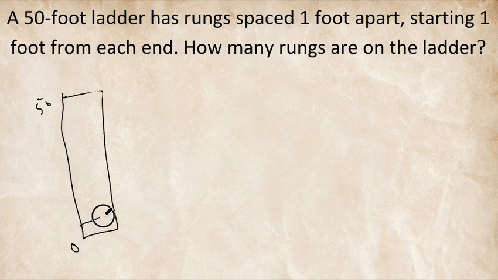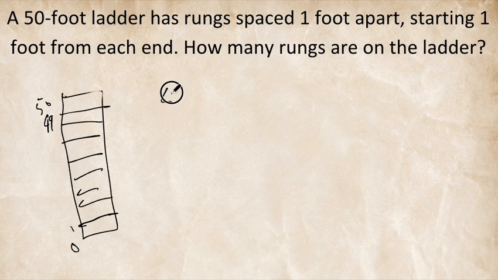So the first ring is over here at foot 1, and the second ring is over here at foot 49, right? Now, each of these has rings 1 foot apart. So remember what we said, it's basically from foot number 49 to foot number 1. When there are 2 numbers and both are inclusive, it's the subtraction of those plus 1.